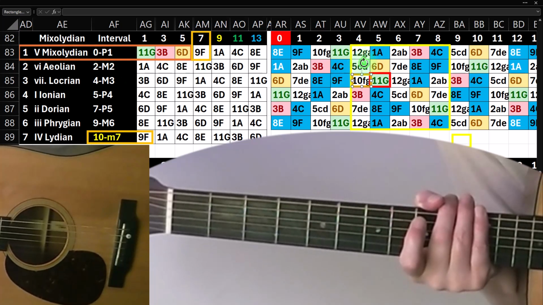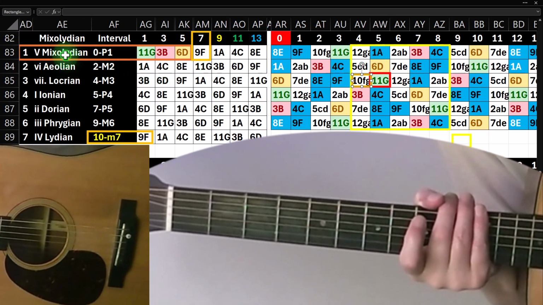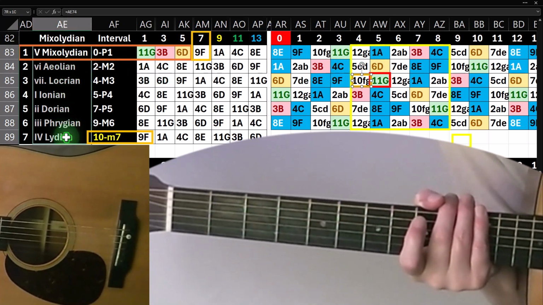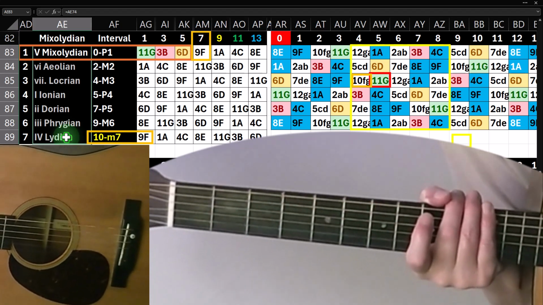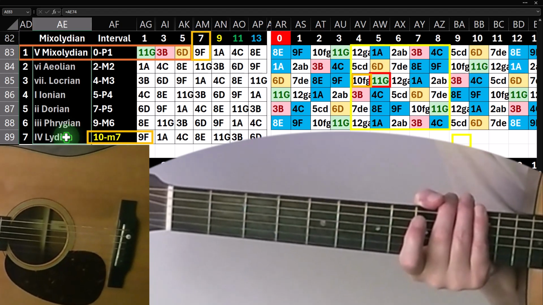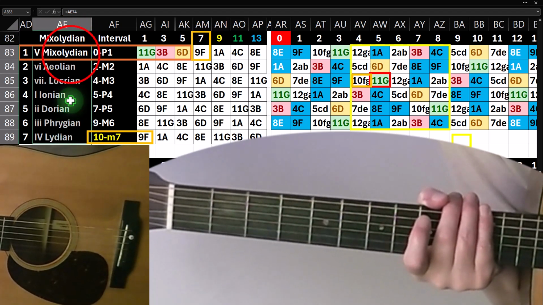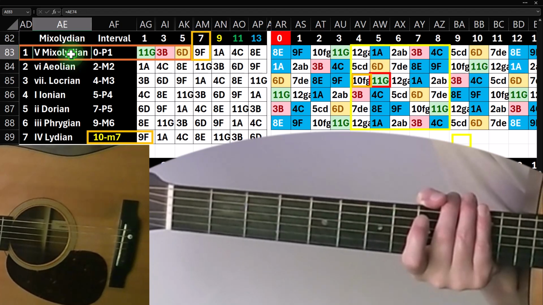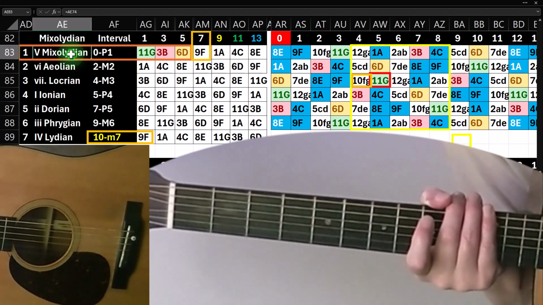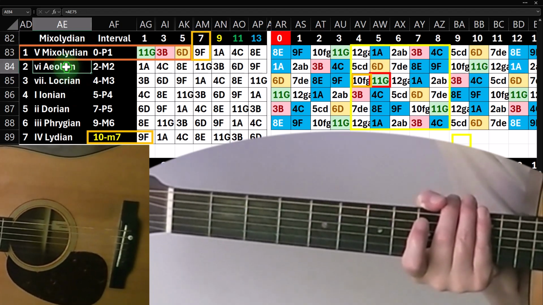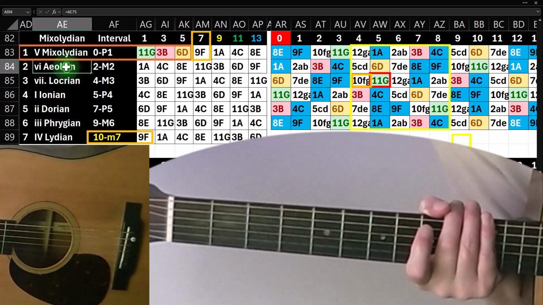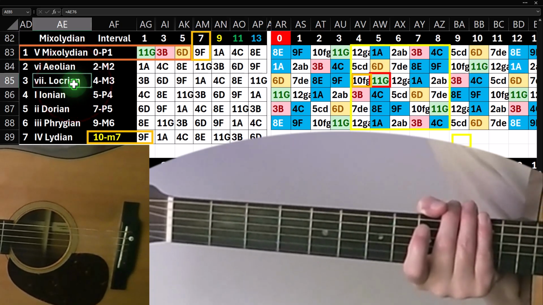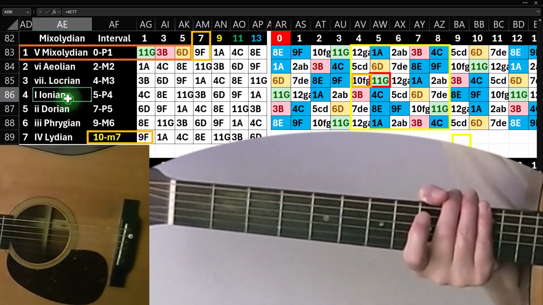So you're playing this one shape, you have all of these modes in this shape, and I can convert any of these modes this way to its related major or minor mode, right? So I can convert the Mixolydian by just shifting one interval to the G major. I can convert the Aeolian, which is the minor scale. Well, that's basically the minor scale. It's already there. The Locrian I can't do much with because it's a weird one. The Ionian is the major scale.